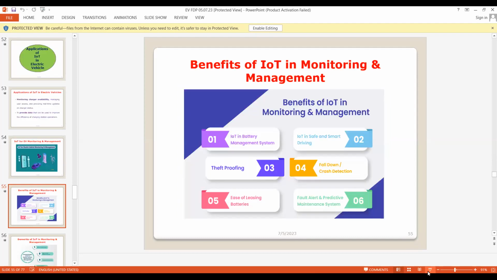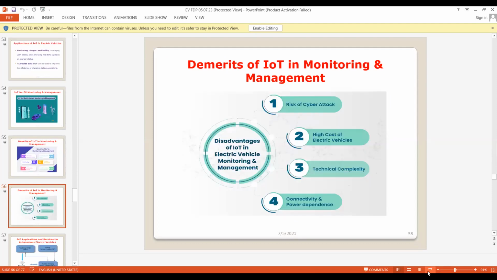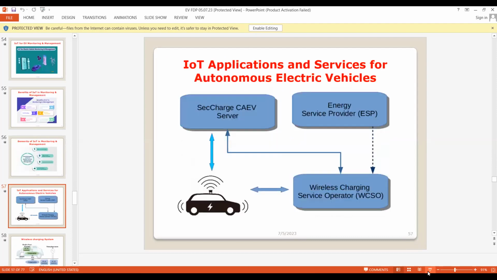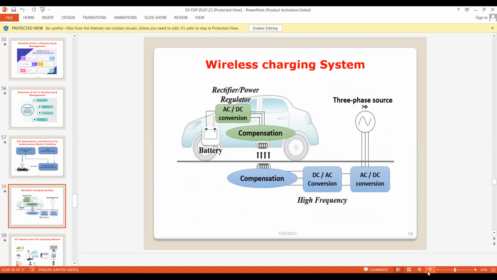The main thing is IoT in battery management systems: safety, smart theft protection, easy battery leasing, fault alerts, and predictive maintenance systems. Some demerits we also see, and the autonomous electric vehicle and wireless charging systems.